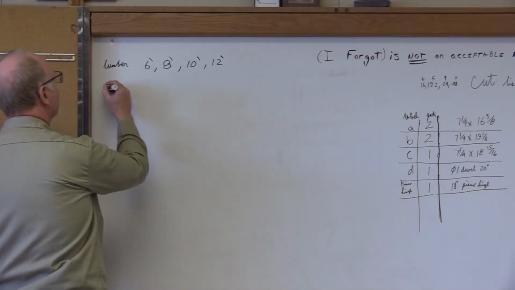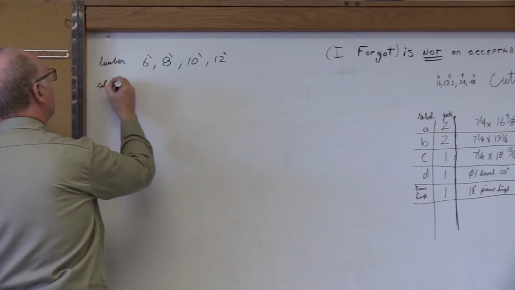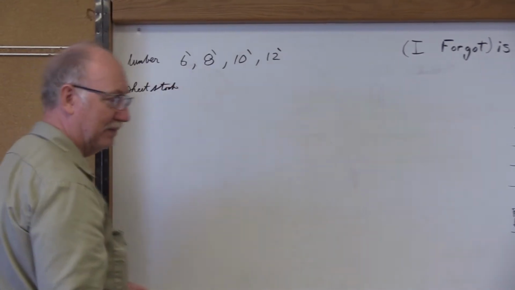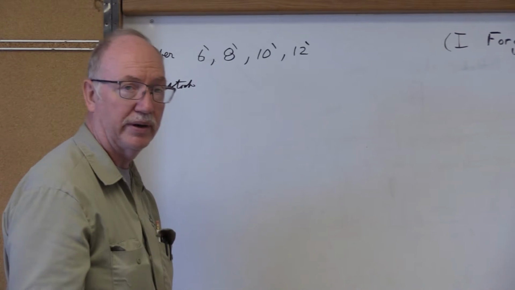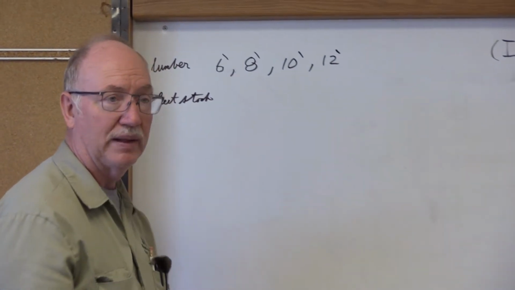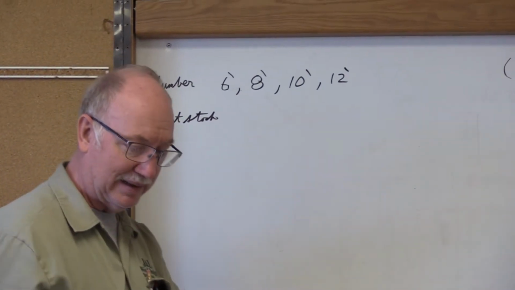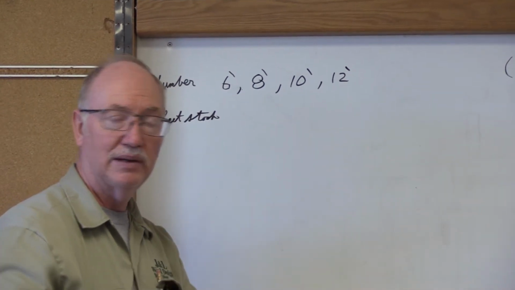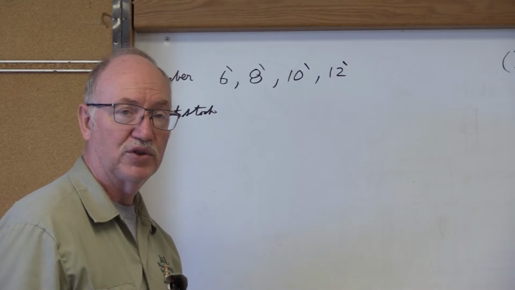Sheet stock. Sheet stock is commonly like plywood, particle board, and we've been through what plywood is. It's the plies that go counter to each other, and that keeps the stock from getting bigger or smaller as much.